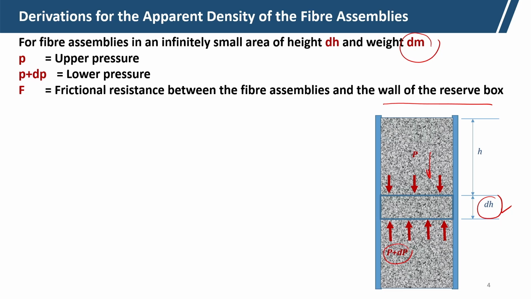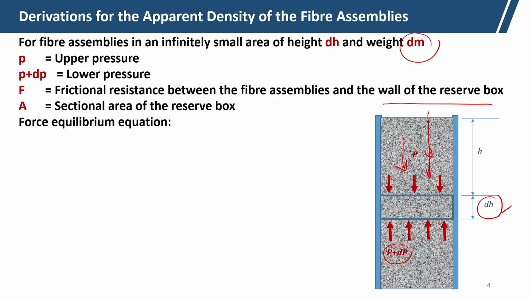So, F is the frictional resistance which acts against the load applied by the fiber mass. That means it reduces the effective load, effective pressure on the fiber at the bottom. A is the cross sectional area of the reserve box.